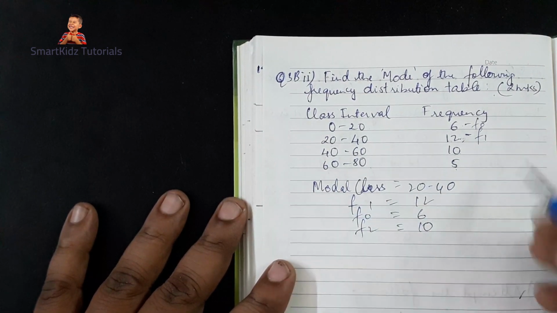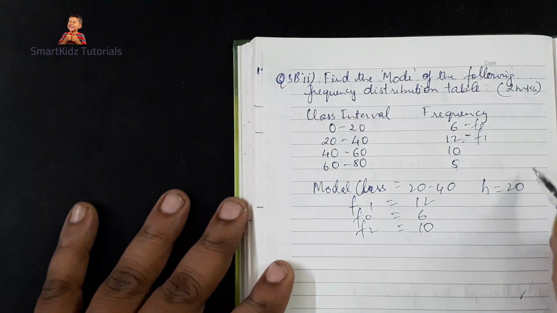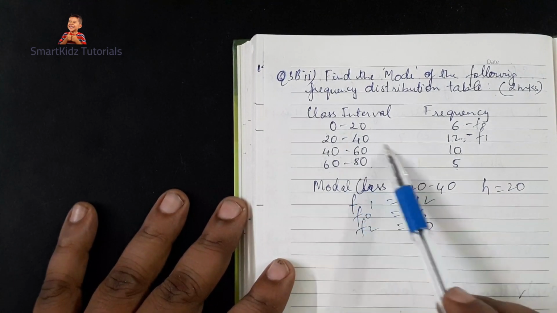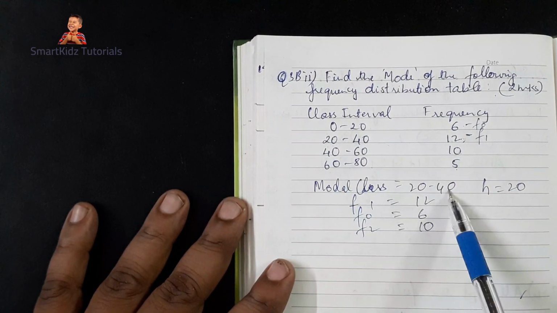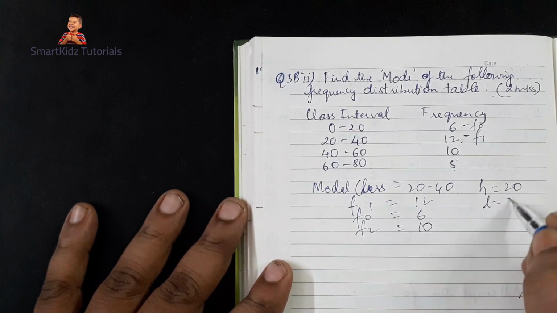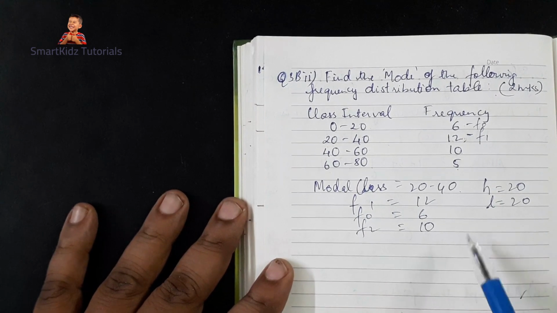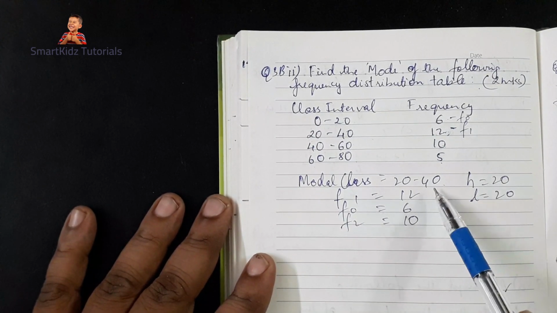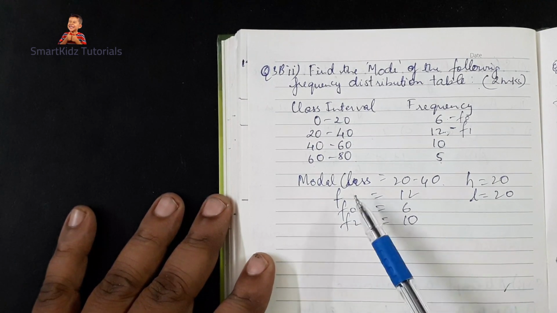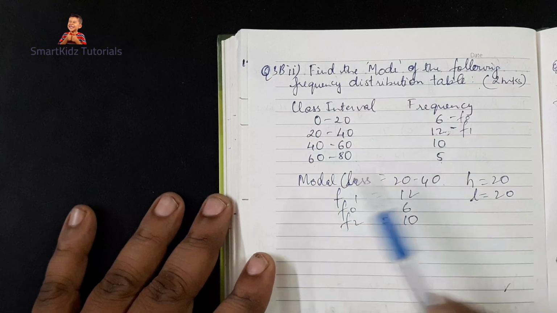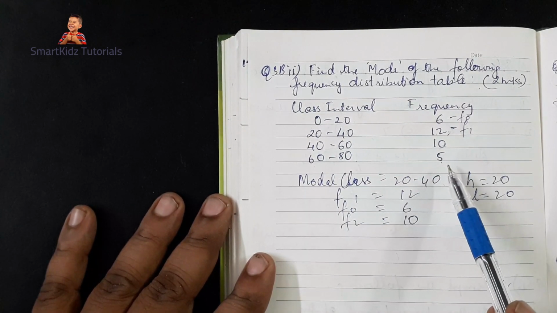So that is constant. So that is 20 in this case. And we also need to know the lower limit of the modal class. Lower limit is this one. This is upper limit. So L equal to 20. That is all that we need, because we need these values in the formula to find out mode of this particular frequency distribution table that is given.